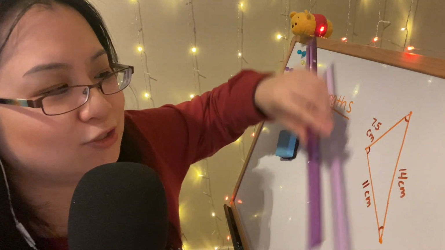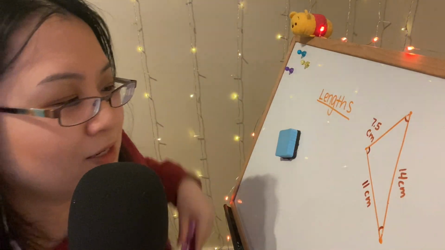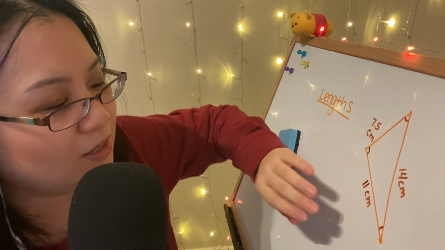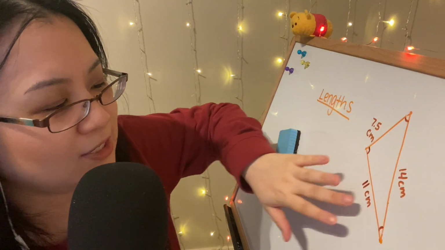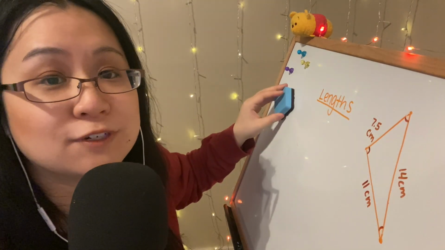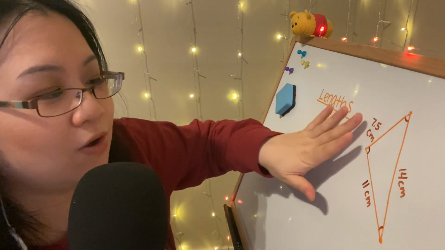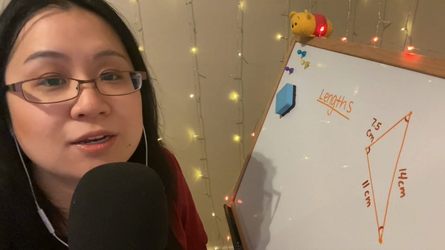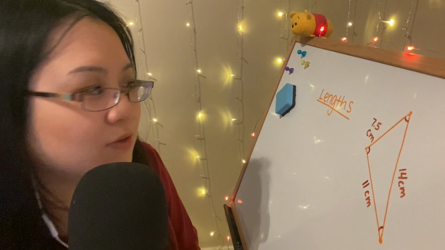So we can measure like that. And in this case, we see that all three sides have different lengths. All of them are different. So we call that a scalene triangle.